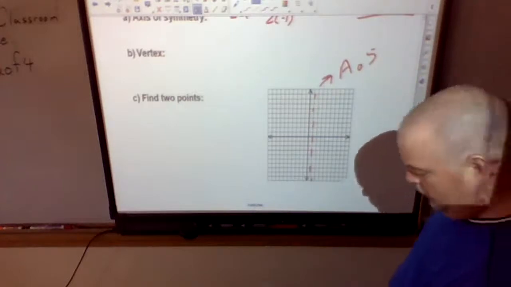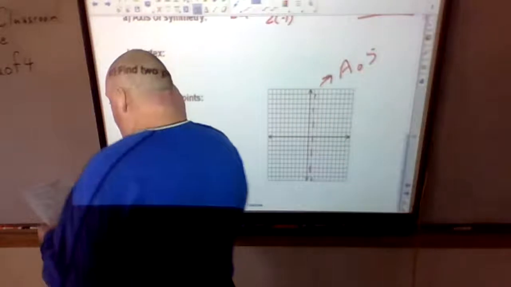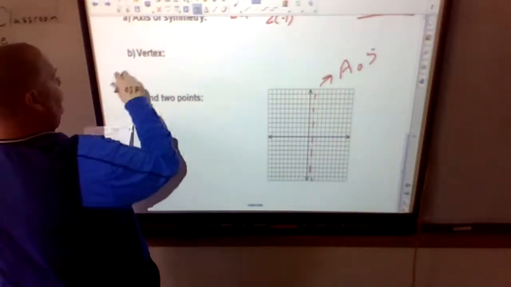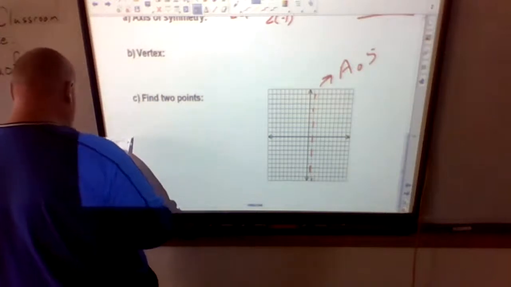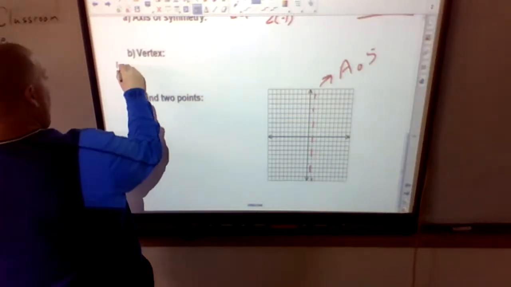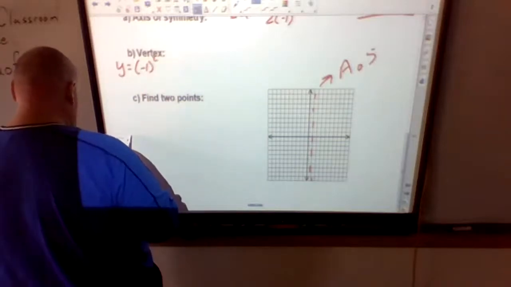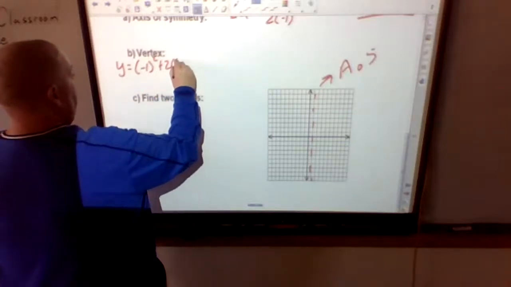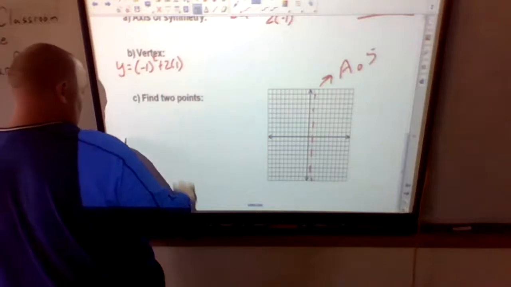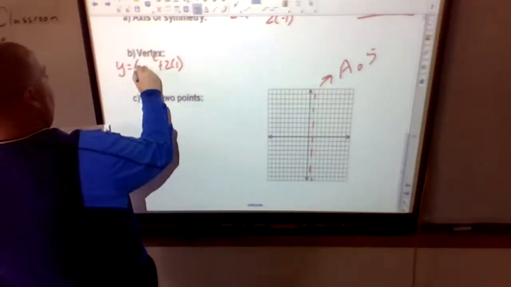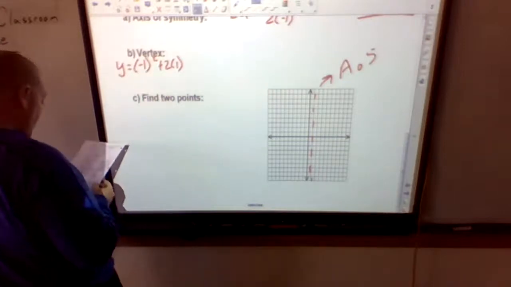Now let's find the vertex. Because x equals 1, we're going to put this equation they give us, and we're going to replace x with 1. So y equals negative 1 squared plus 2 times 1. I don't know why I said negative 1 squared. Oh, because it's negative up there, duh, Mr. B. Y'all got to keep me on the straight and narrow.